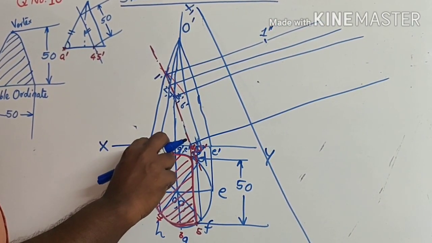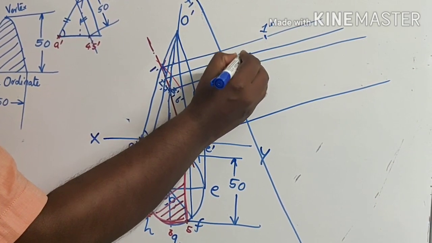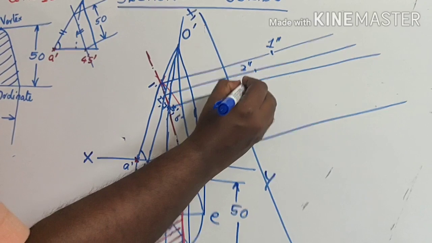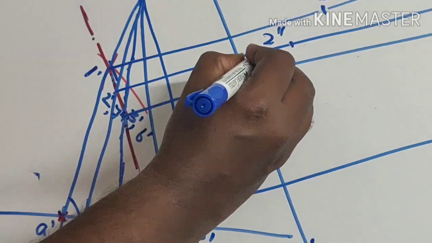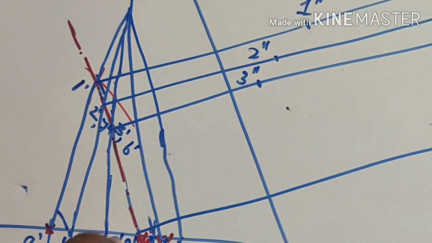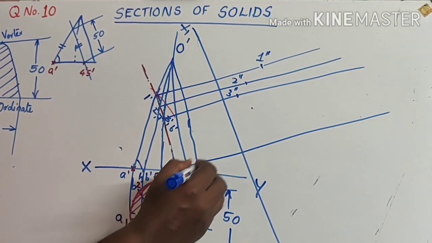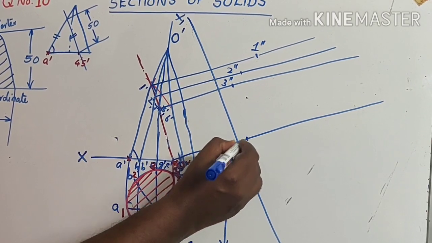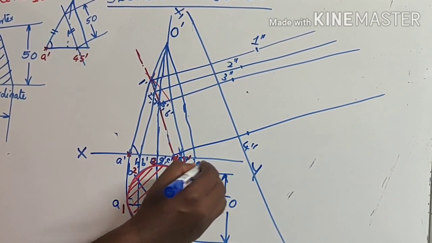Now from xy to 2, the next point you will get, that is 2 double dash. xy to 3, that distance you can take, and this is 3 double dash. xy to 4, that will be 4 double dash.